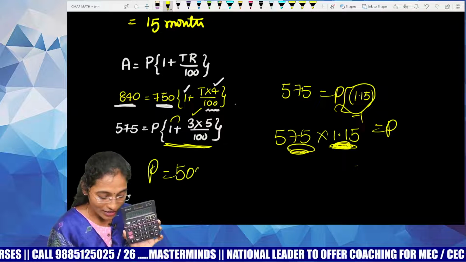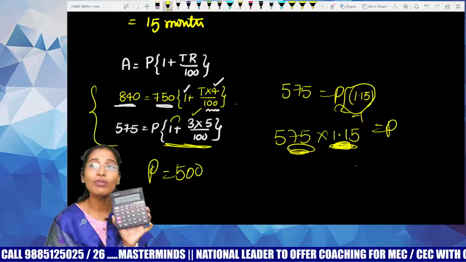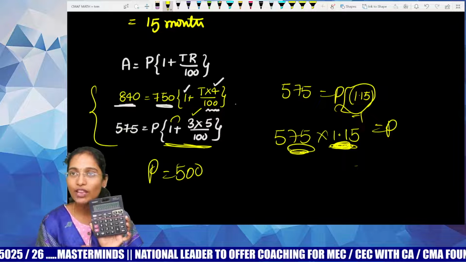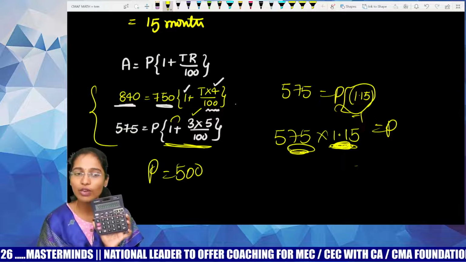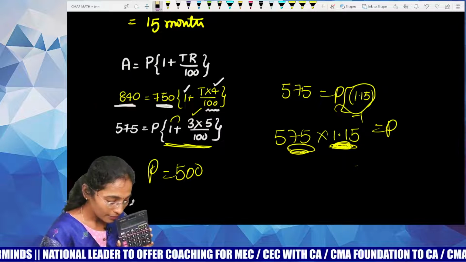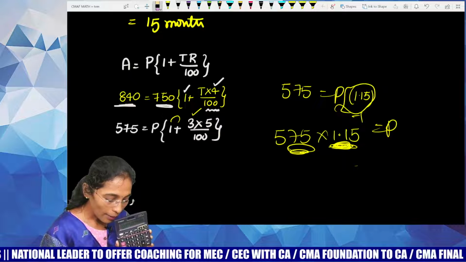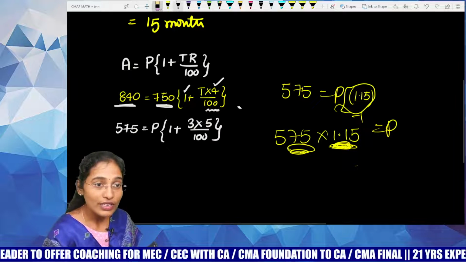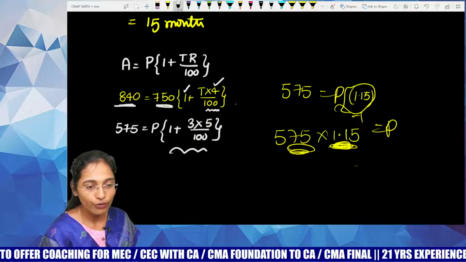So guys, just writing out the formula is important. If you know how to use the calculator very well, it takes only one step to solve a question. Let me repeat, guys. I'm completing the value inside the bracket first. What is inside the bracket? 1 plus 3 into 5 by 100.